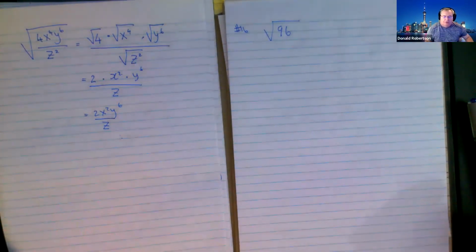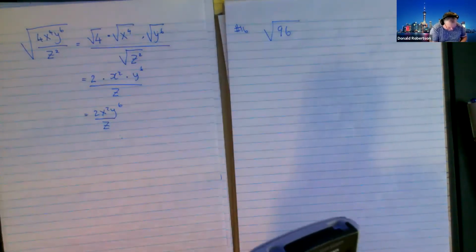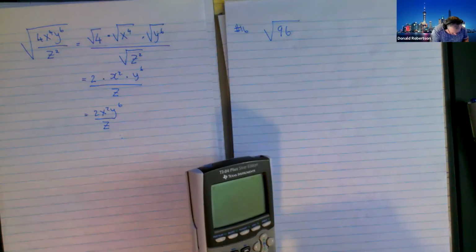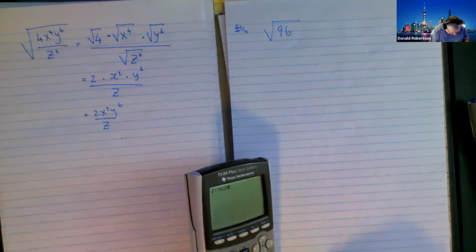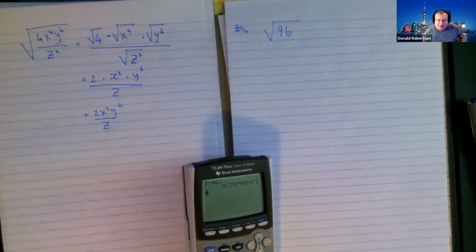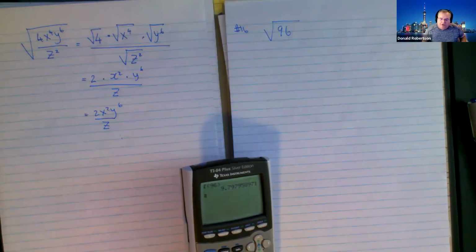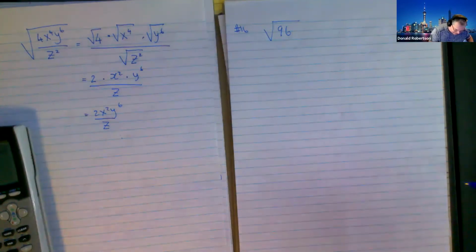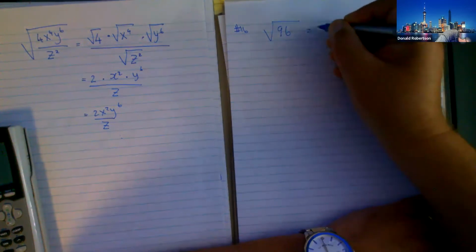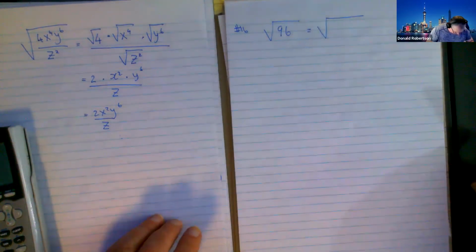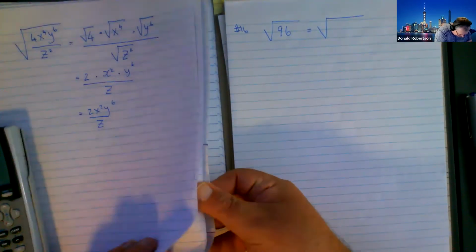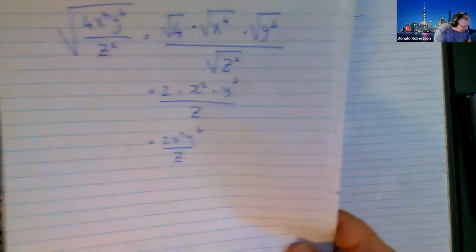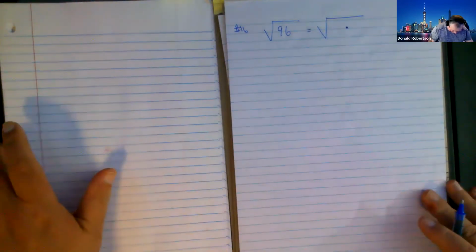What happens if you get square root of a number and it's not an exact value? So I'd go to my calculator and I'd do, okay, square root of 96, and you get a horrible decimal. That means it's not an exact value, right? It's not a whole number. Things get a little bit trickier here, because what you need to do now is rewrite 96 in a very, very specific way. You need to write it as two numbers multiplied together.